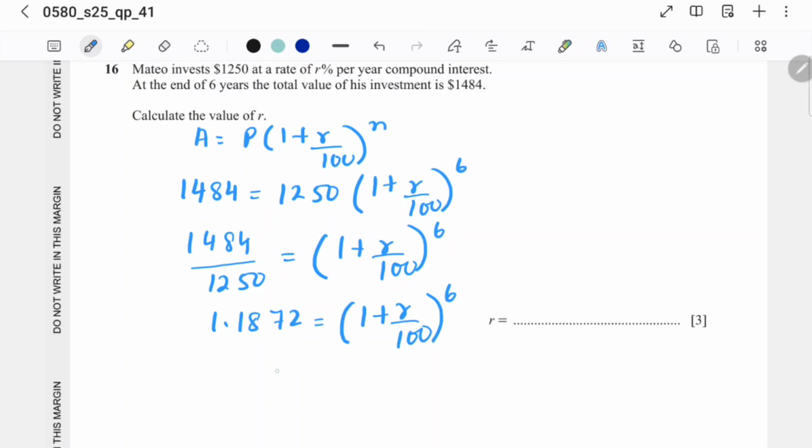Now you will have to take the sixth root to get rid of the power. So 1.1872 is equal to 1 plus R over 100, and then take the sixth root with the help of the calculator.